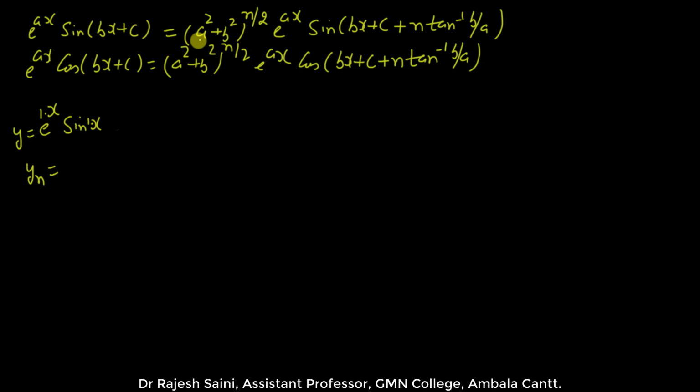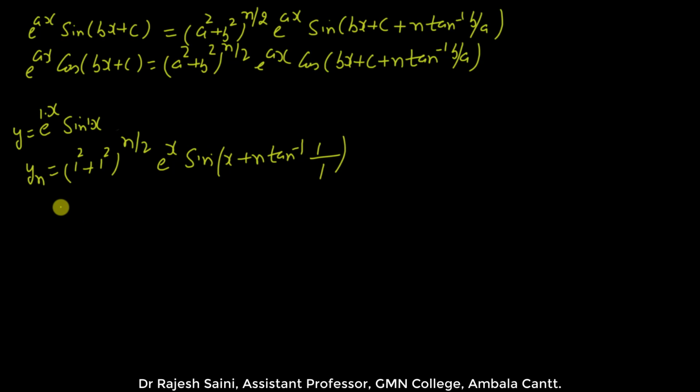So it will be (1 square plus 1 square) raised to the power n by 2, e raised to the power x as such, sin of x plus n times tan inverse of the coefficient of x in sine, 1, divided by the coefficient of x in e raised to the power x, which is 1.